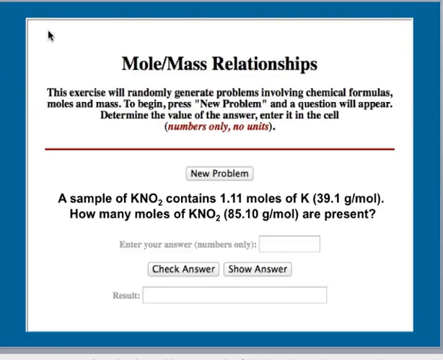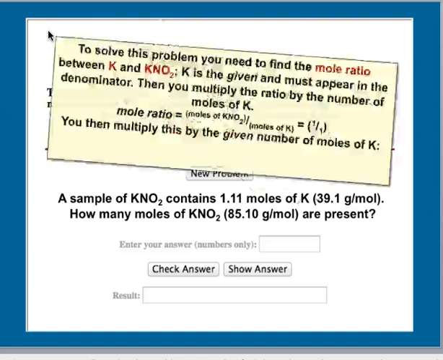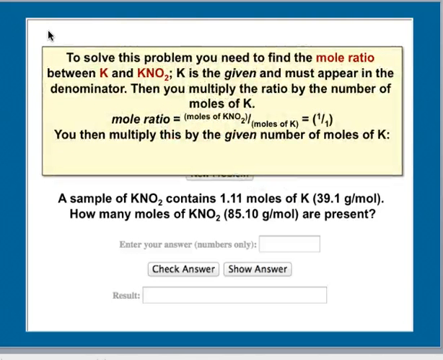Now this is really simple. What you have to do is simply look at your compound and do a mole ratio. For every mole of potassium nitrite, how many moles of potassium do you have? Well, 1. Now our given in this problem is moles of potassium, isn't it?